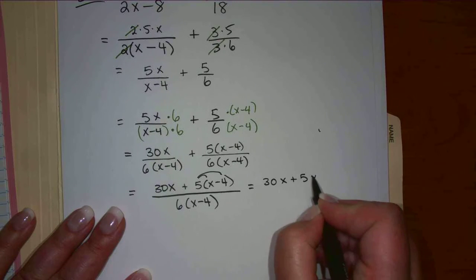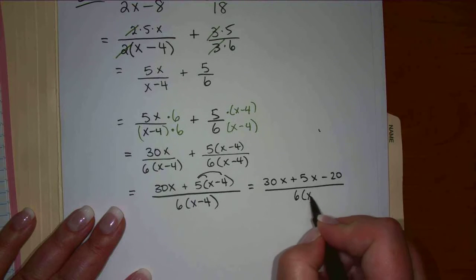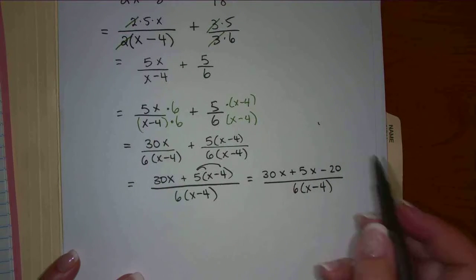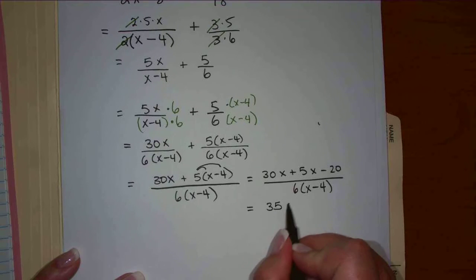5x, and 5 times 4 is 20. So 30x and 5x is 35x, minus 20.